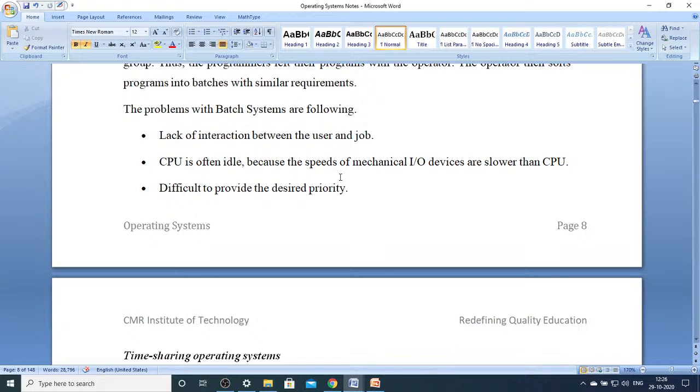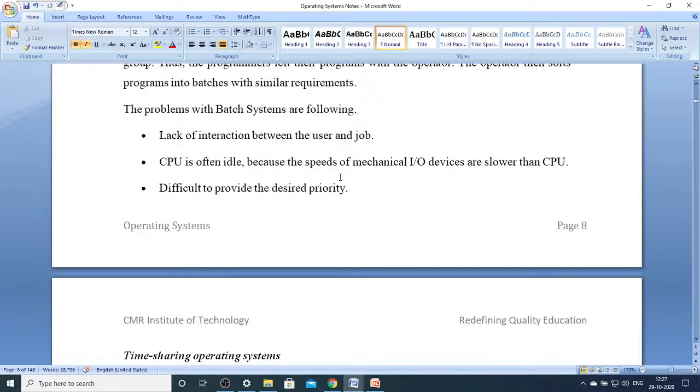So with this, what happens? We are already aware that the CPU is the fastest component in the computer and IO are the slowest components. Every job will definitely require the CPU for executing the instructions and IO for processing the read-write operations.